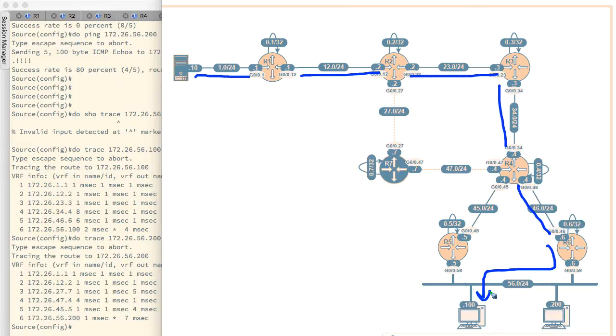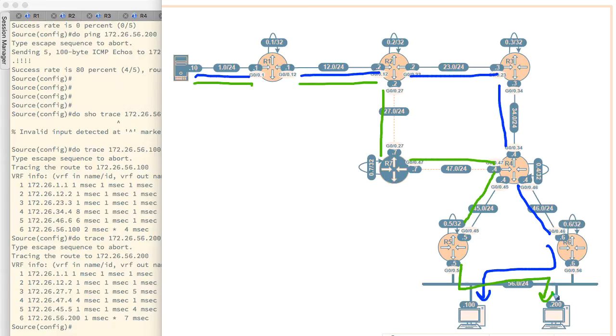Now for the other receiver, Rec 200, it is 2, 7, 4 and then 5. So it's a completely different path, but these are all equal cost paths. So from R2, it goes over to R7, to R4, this time to R5, and then to 200.